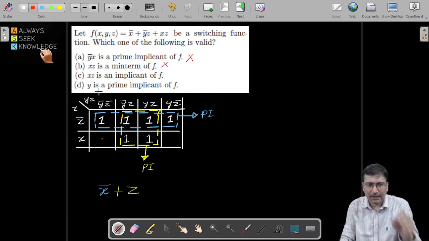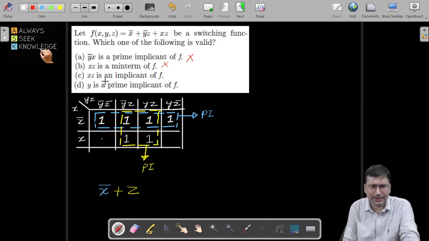Now xz is an implicant of f. So what is an implicant and a prime implicant? X is present here and here, it is true, and z is also present in these two. So if I form the group of these two ones like this, obviously this can be an implicant, but it cannot be the prime implicant, because this is not the largest possible grouping. The largest grouping is this 4.